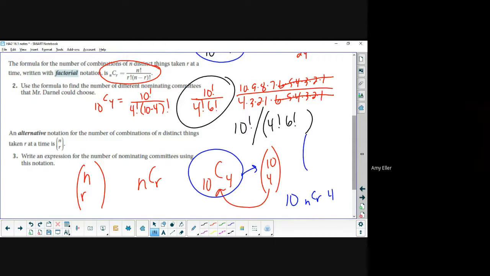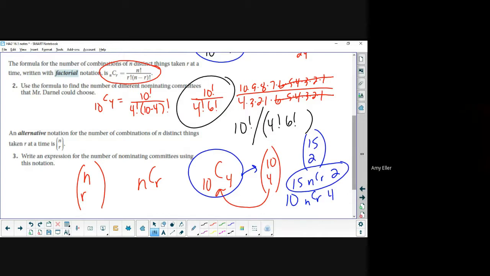So if I did this, 15 over 2, how would we type that in? Well, that's the same as 15 choose 2. Let's type that in our calculator. 15, math, over to probability.